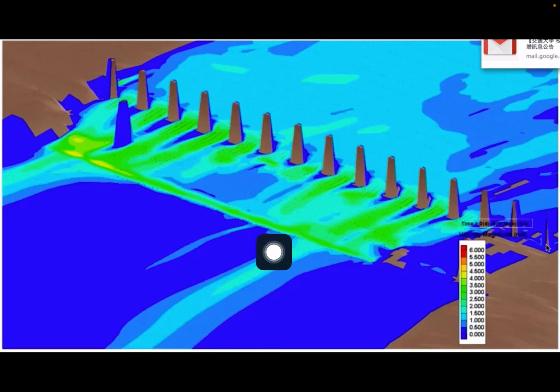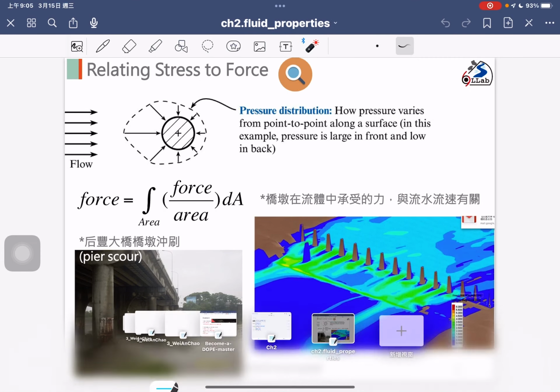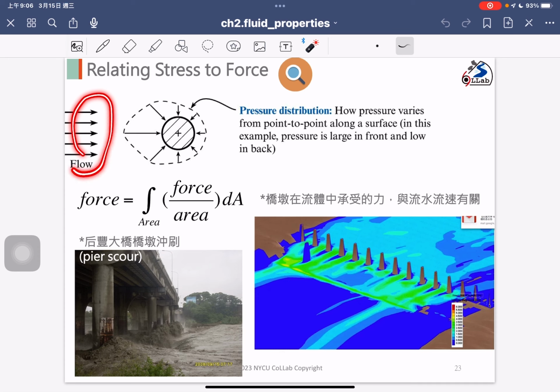We need to know where the large pressure is, and if we go back to the slide, it depends on your flow direction, and the front of the structure will have the larger pressure. This is just a photo on site. We can see the pier here, and there is a larger turbulent flow, which results in higher pressure. In typhoon periods, sometimes the structure will be broken and the bridge will collapse, so it's a very dangerous problem.